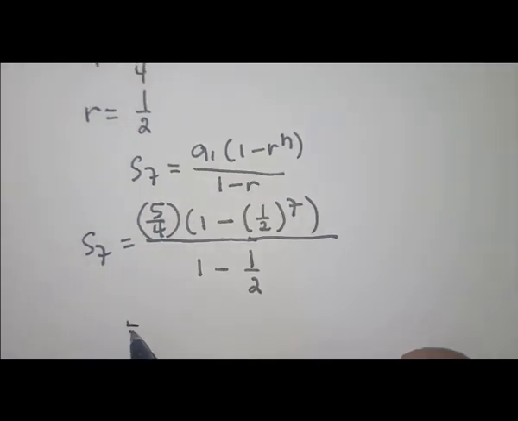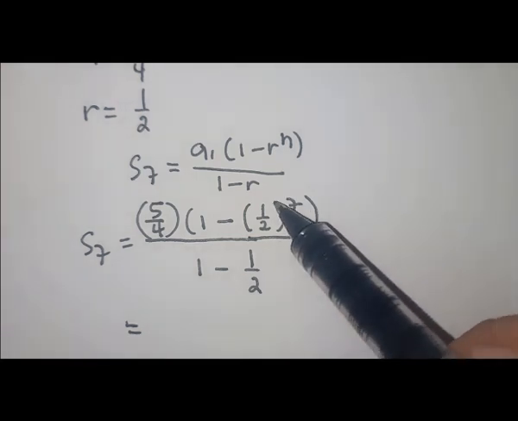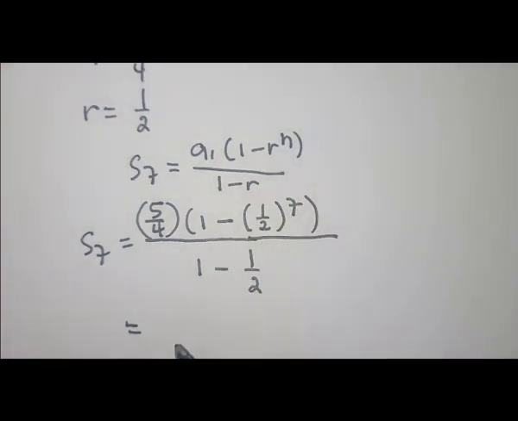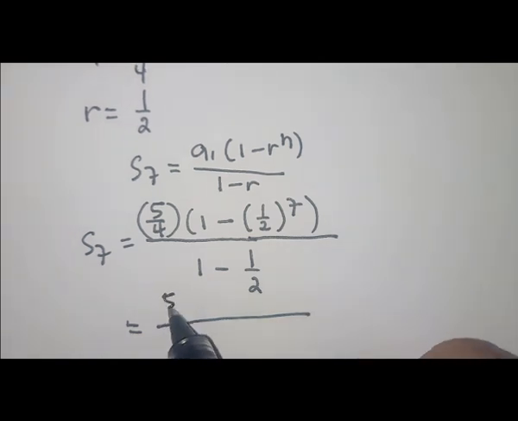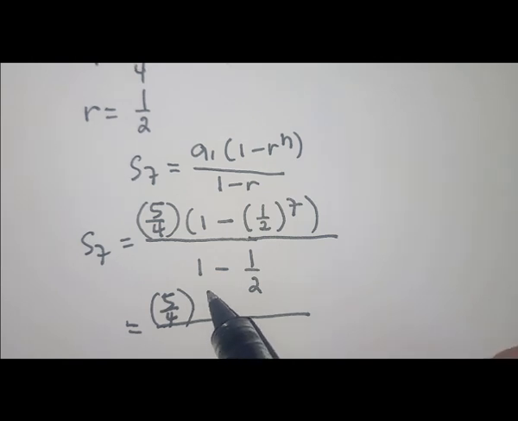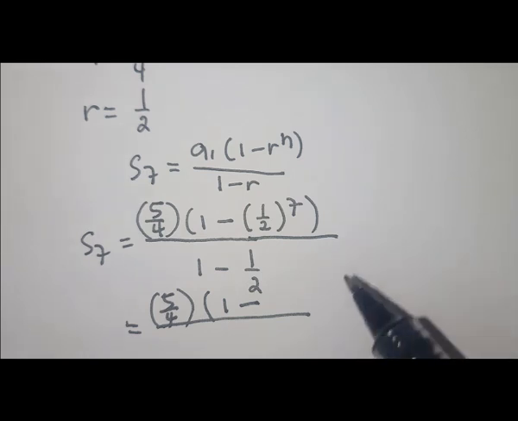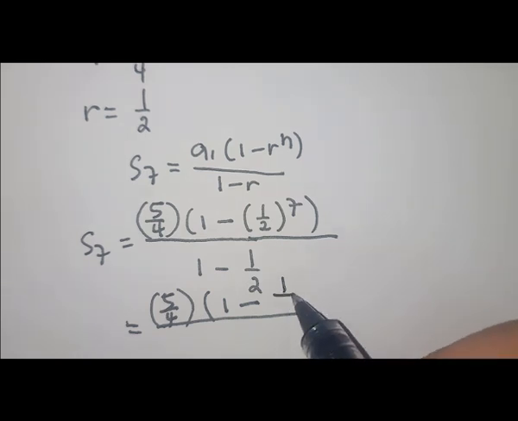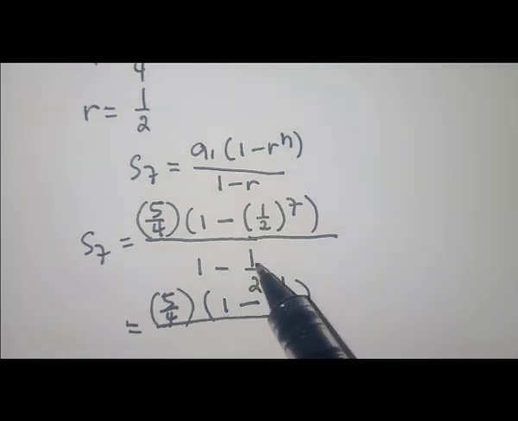Okay, so let us try to solve first all numbers inside the parentheses. So we have 5 over 4 times 1 minus, 1/2 raised to 7 will give you 1 over 128, and 1 minus 1/2 will give you 1/2.